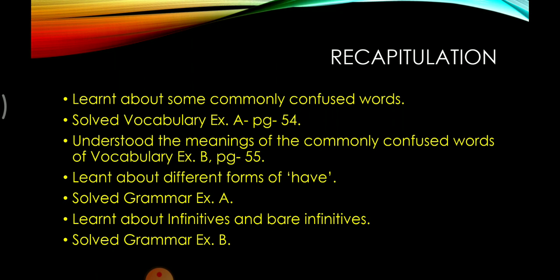There you have to make the sentences. We learned about different forms of have. We solved grammar exercise A. We learned about infinitives and bare infinitives, and we solved grammar exercise B. So these are the things that we have learned today in the video.